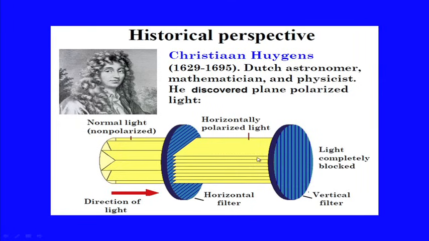It allows only the vibration which is occurring in a particular plane, and then the light that comes out, all the vibrations are taking place in a particular plane, and that is what is called plane polarized light. In this case, because I am showing it in the horizontal direction, it will be called horizontally polarized, but actually these are called either linearly polarized light, or for you as a beginner you should call it plane polarized light, and the plane in which the vibrations are taking place is called the plane of polarization.